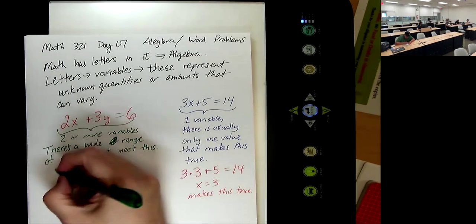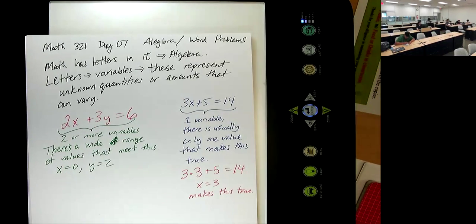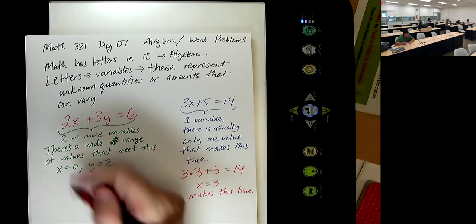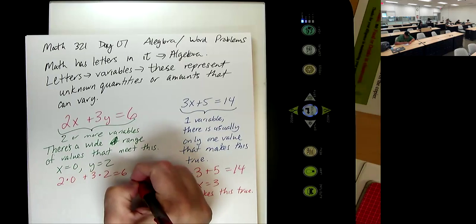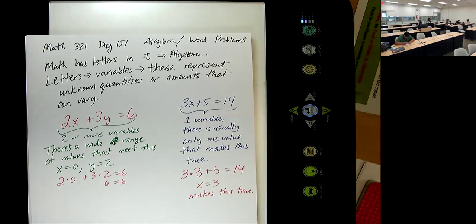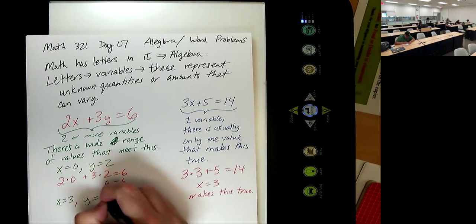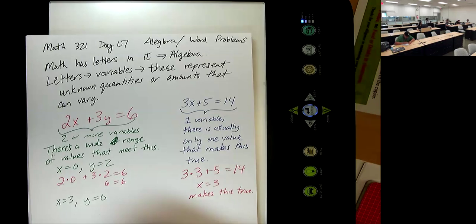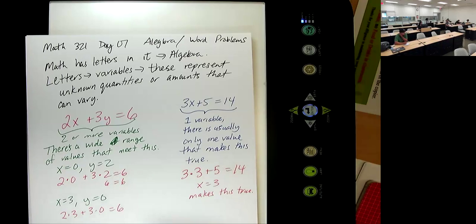For example, if I say x equals 0 and y equals 2, this becomes 2 times 0 plus 3 times 2 equals 6. And that's true, 6 equals 6. I could also go with x equals 3, y equals 0, and we get 2 times 3 plus 3 times 0 equals 6. Also true.